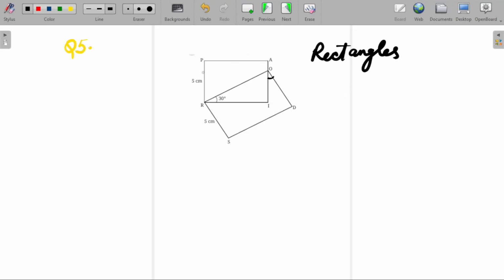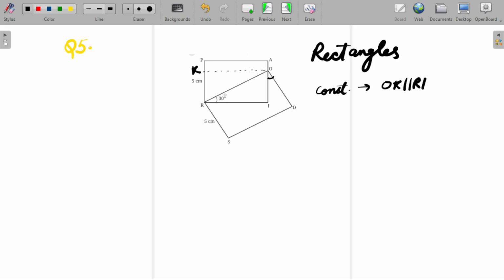You need to draw a line OK, it should be straight, which is parallel to RI. That means the construction part is: you need to construct OK parallel to RI. This is the construction that is done by us, right?